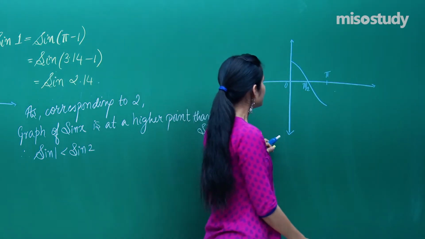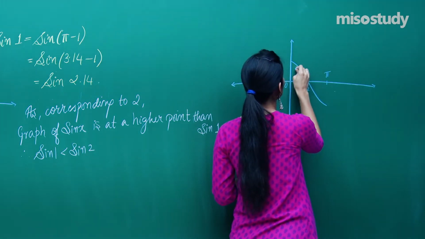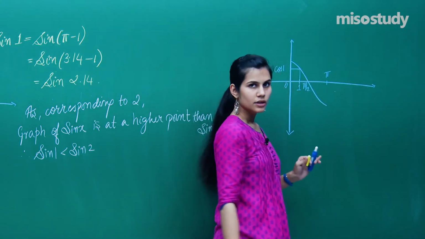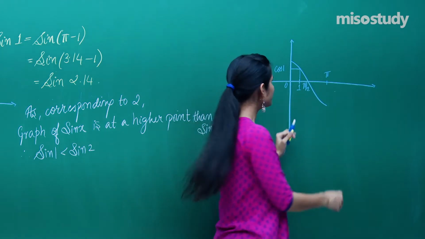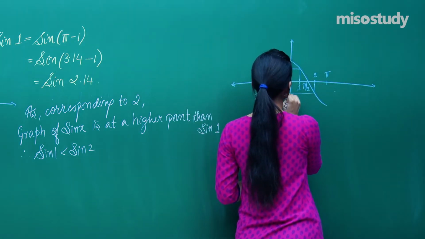Pi by 2 is 1.57, so 1 is somewhere here. Corresponding to 1, this is your cos 1. Pi is 3.14, pi by 2 is 1.57, so 2 is somewhere here.